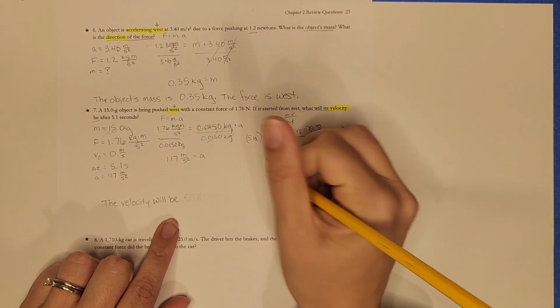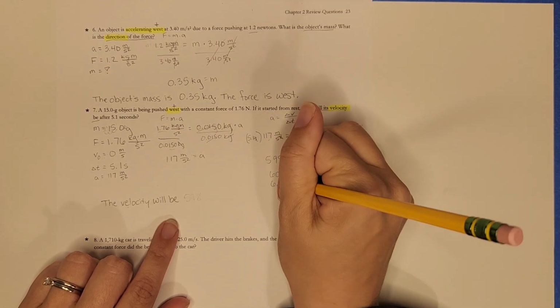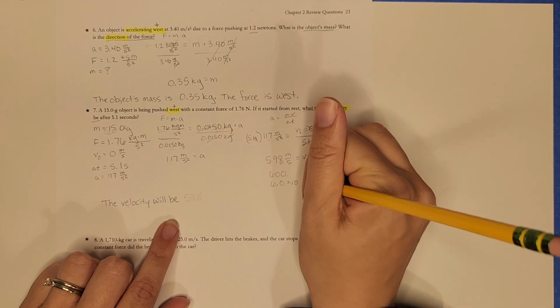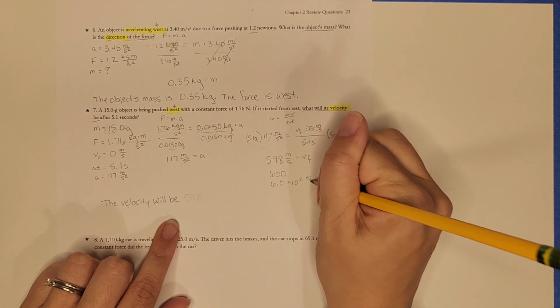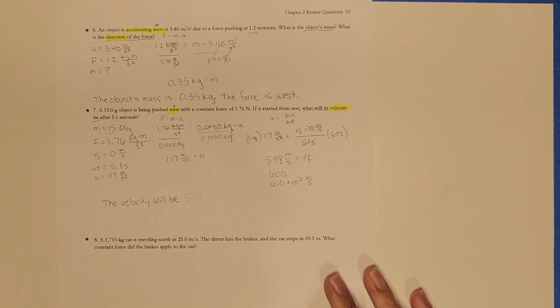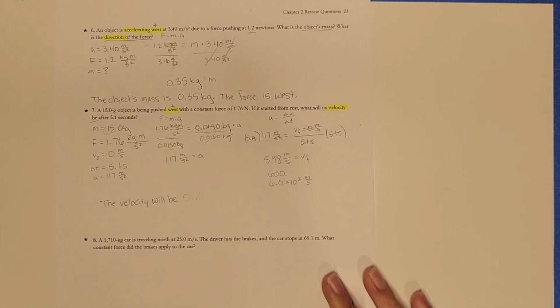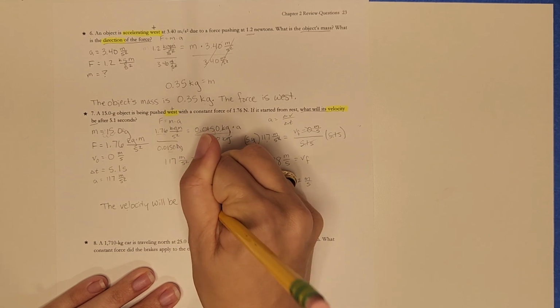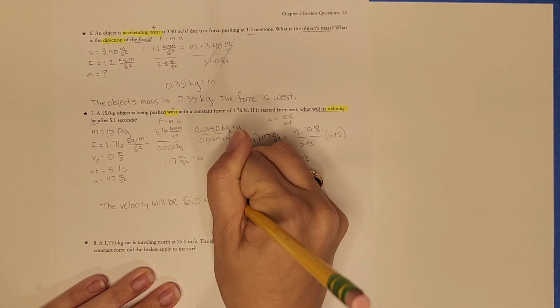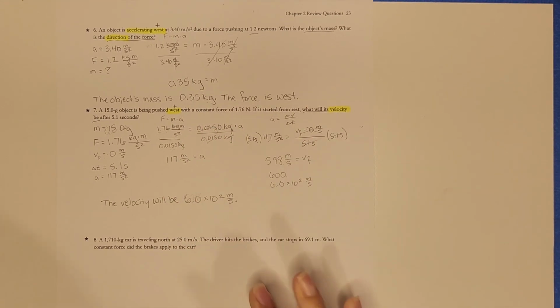So instead of 600, we're going to write 6.0 times 10 squared meters per second. Okay, so now we can write that as 6.0 times 10 squared meters per second.